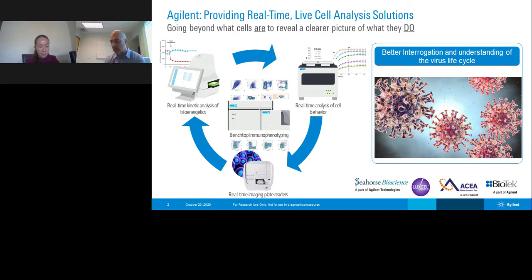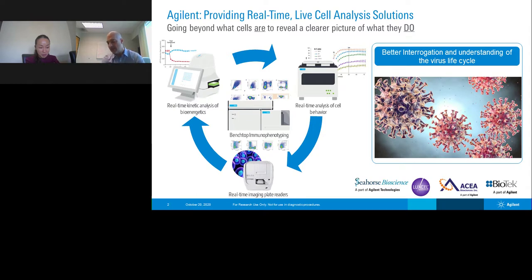So with eSight, when we track the exact same process, this virus-mediated killing, with impedance and with imaging, even though they're looking at the same thing, their inherent sensitivities and the kinetics that they're detecting are going to vary a little bit.